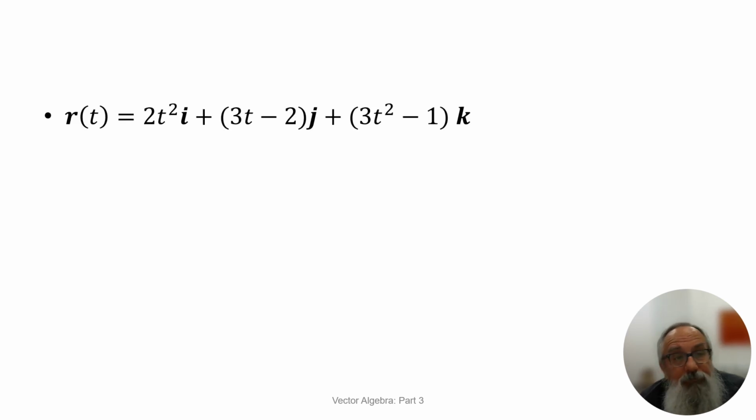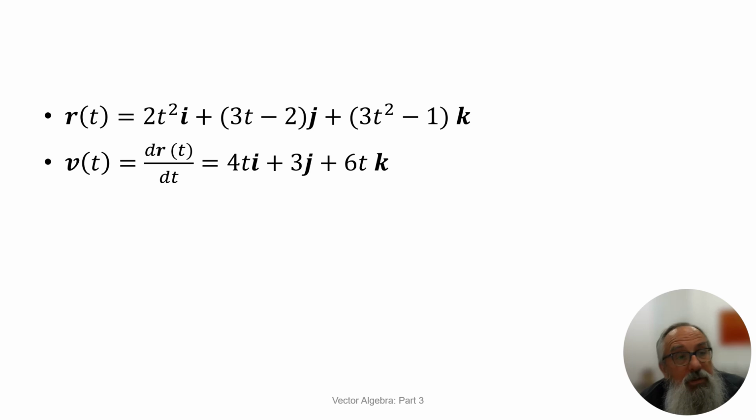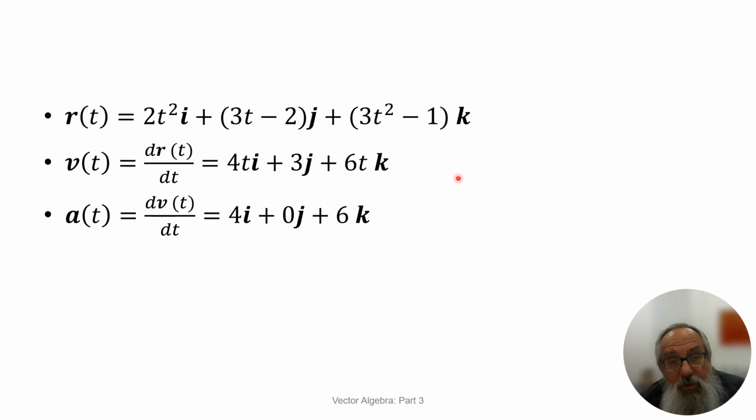So our vector, we differentiate. It simply comes to differentiating each of the terms. So 2t squared goes to 4t, 3t minus 2 goes to 3, 3t squared minus 1 goes to 6t. So we'll differentiate again. 4t goes to 4, 3 goes to 0, so that term's going to be crossed out. 6t goes to 6.